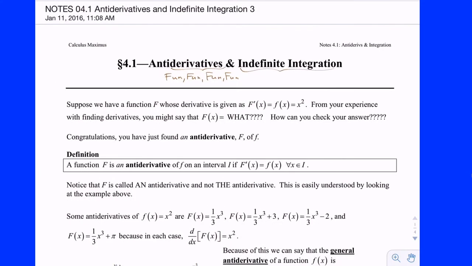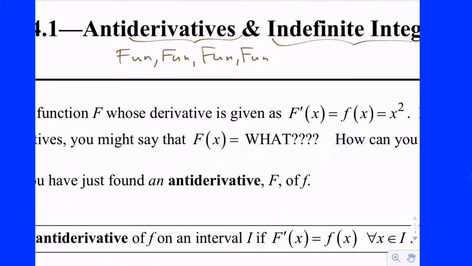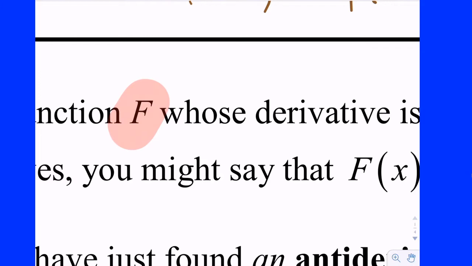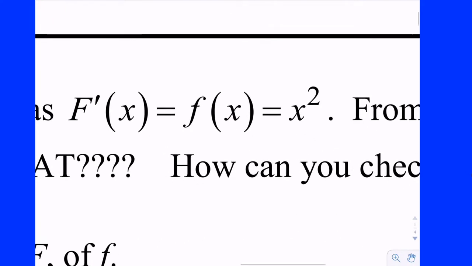Okay? So the first thing I want to do is suppose that we have a function capital F, whose derivative, big F prime, is defined to be little f, and that's going to be x squared. Every time we take the derivative, we put a little prime. But if we're starting with this new function little f, and we don't call it f prime, we need some name to designate some function that came before it.